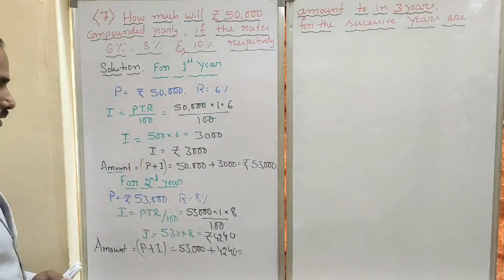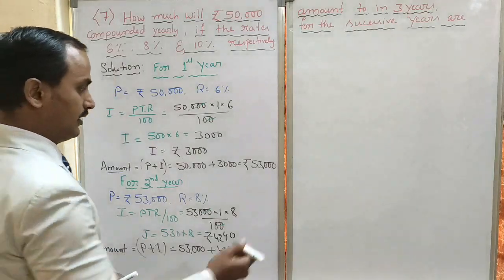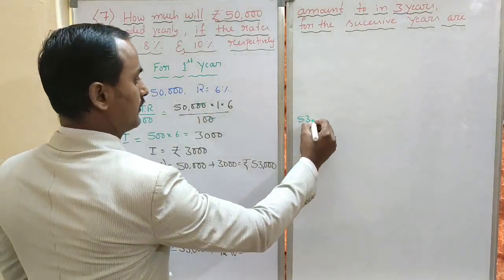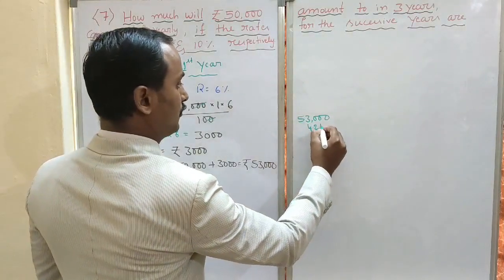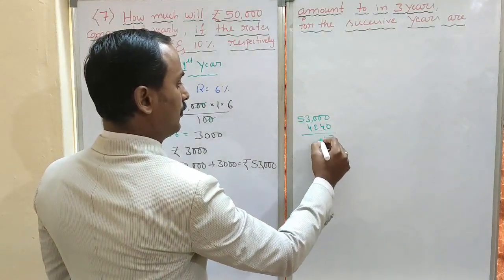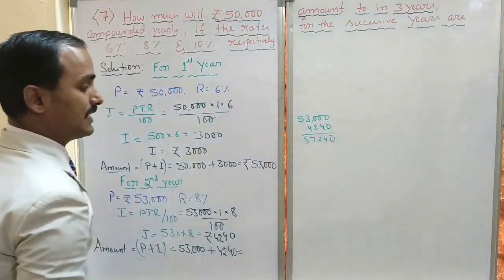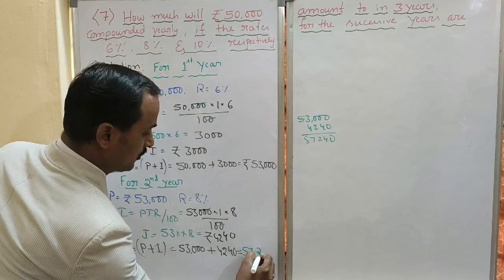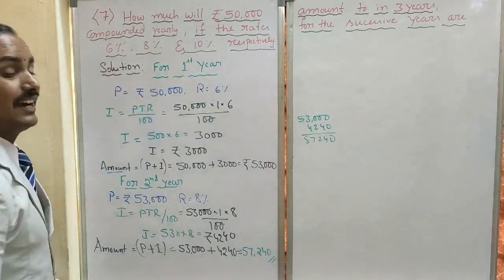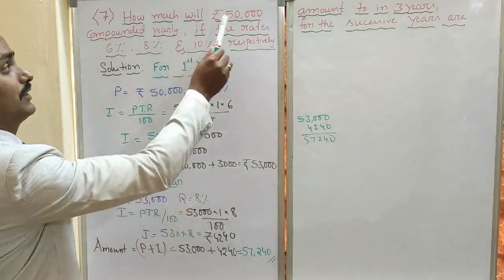How much is the addition? I will show. Look here, 53,000 plus 4,240 becomes 57,240. 57,240 rupees became at the end of the second year for 50,000.